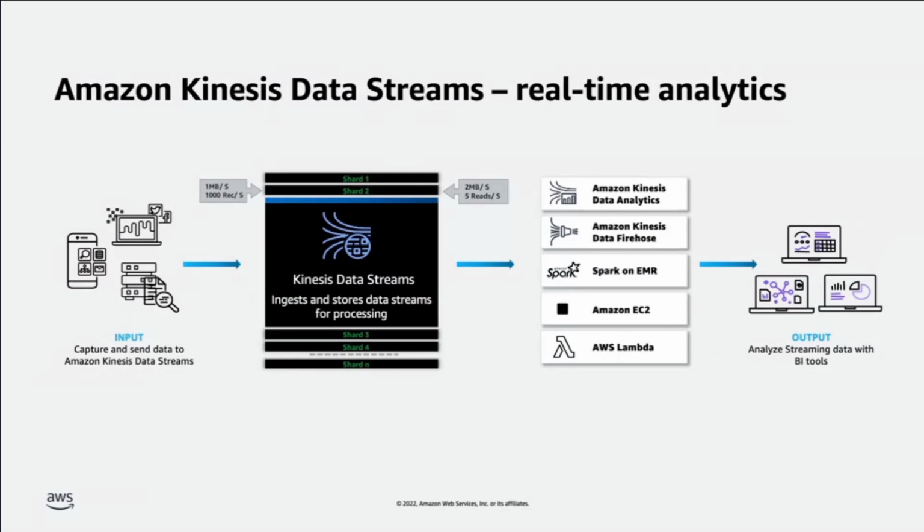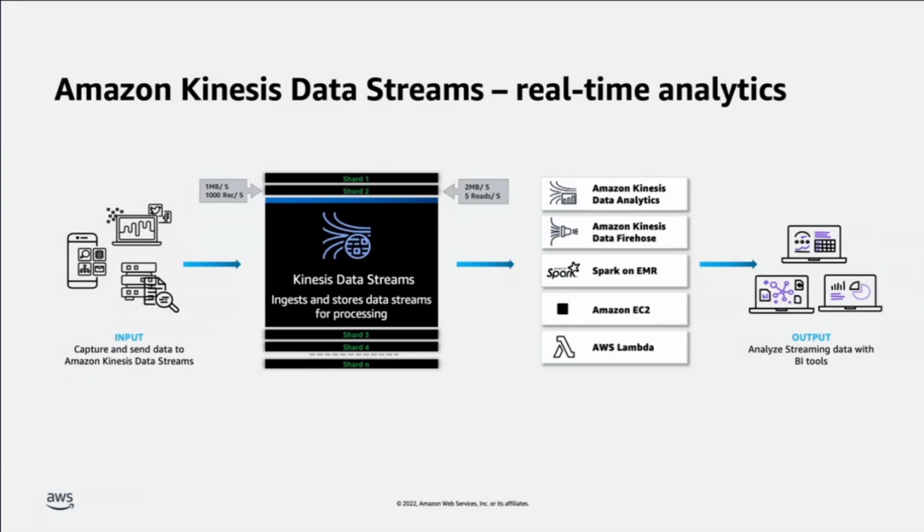So the first service that we're going to take a look at is Amazon Kinesis Data Streams, a serverless service to process and analyze streaming data with less than 70 millisecond average latency. It supports built-in integrations with many AWS services such as AWS Lambda and Amazon EMR for building streaming pipelines.